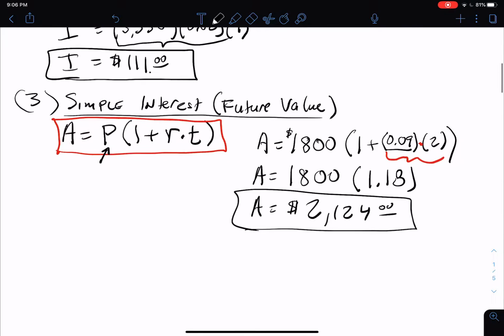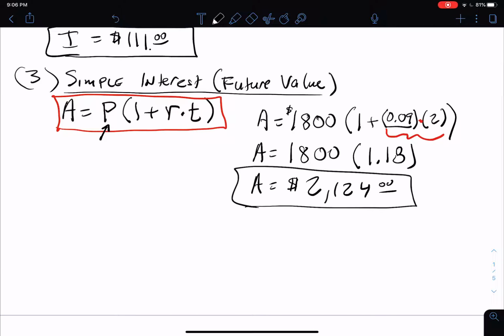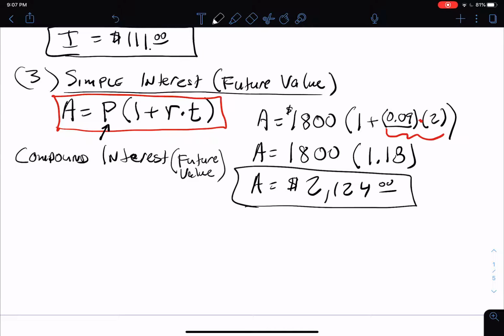The reason why I'm saying that is because when we do the second part of this problem, which was talking about compound interest, and this is also future value. So the thing about compound interest is that the percentage that you're growing by stays the same, but the actual growth grows faster because it's compounding on itself.